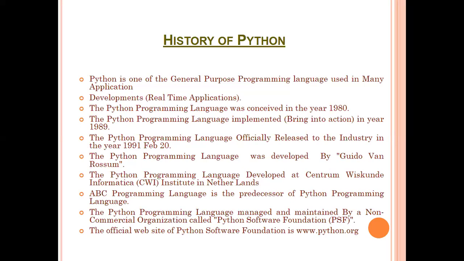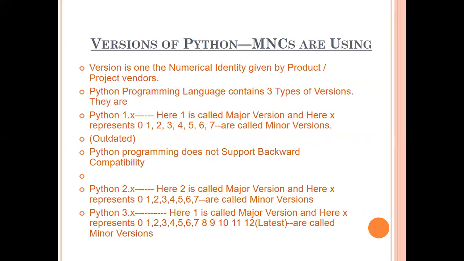Website is www.python.org. 3 versions are released. 1.x, which is 1.1, 1.2 till 1.7. It is outdated now, so Python does not support backward compatibility. Then Python 2.x, where 2 is the major version, and till 2.7 we have the minor versions.